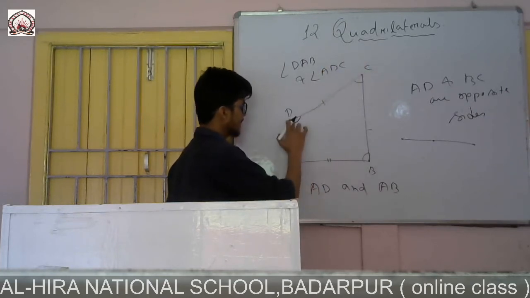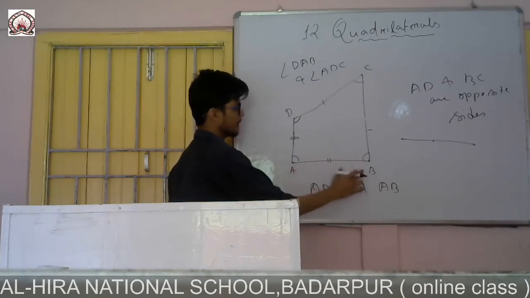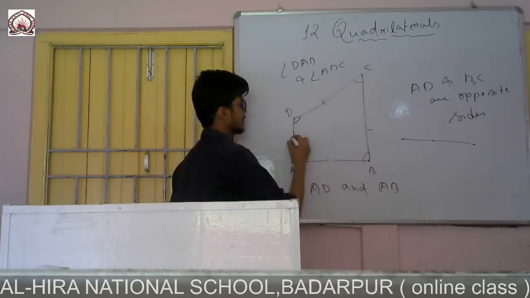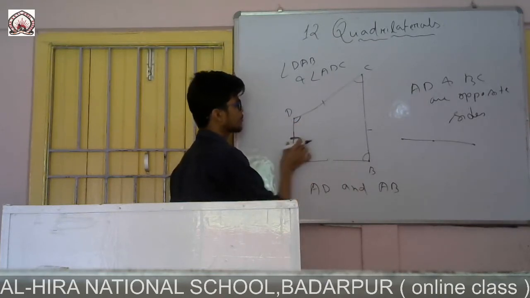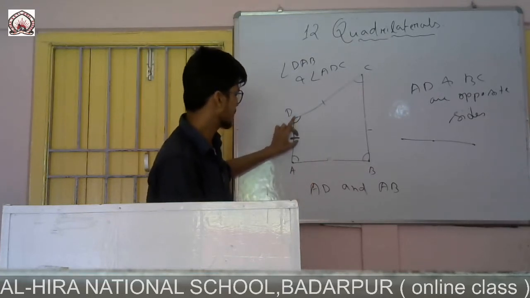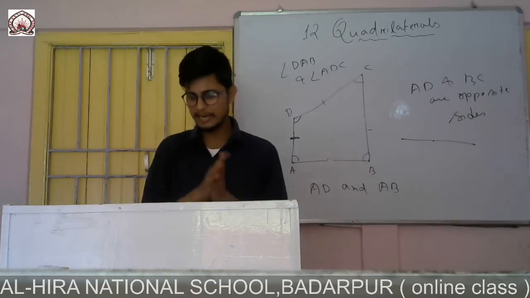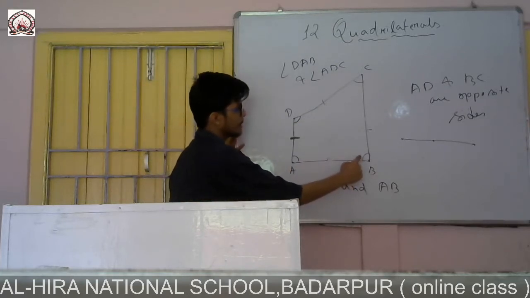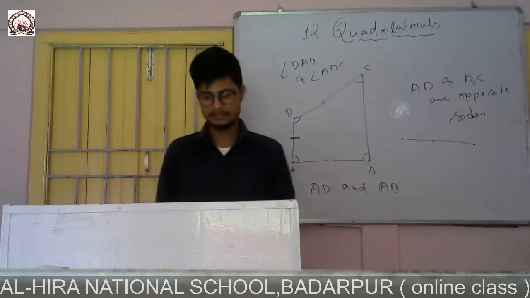You see, this side is common to both angles. In case of angle DAB, this side is common. In case of angle CDA, this side is common. That means this is the adjacent side, and if 2 angles have the same side, then we call those angles adjacent angles. And opposite angles: angle D will be opposite to angle B, angle A will be opposite to angle C. These are opposite angles.